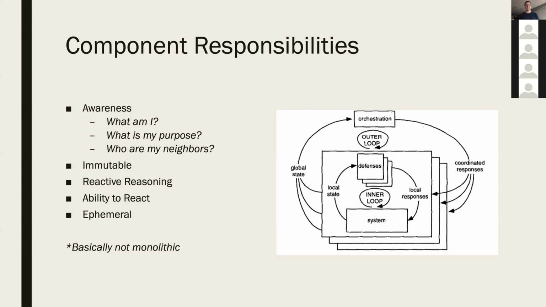So awareness also relates to reactive reasoning. Local state, global state also deals with awareness. Awareness is super important, and that's why there's so much research going into awareness, but also into the ability to react.